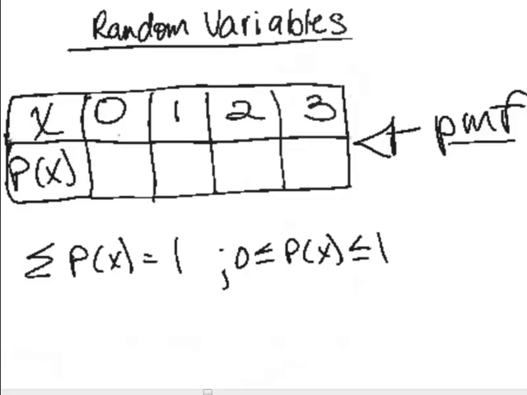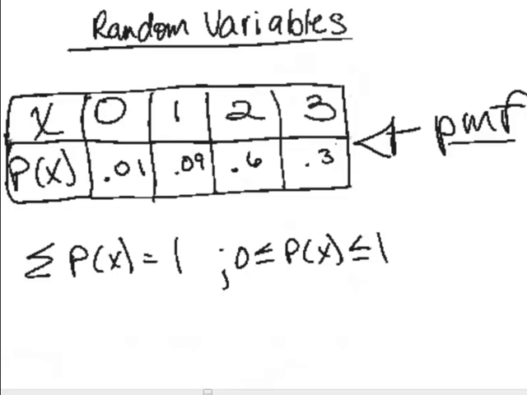So let's say this is a PMF describing the number of students that can come in my office any given hour. So you can find different things.